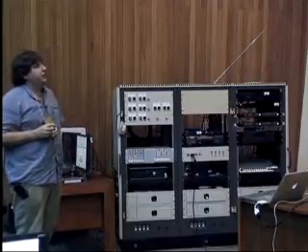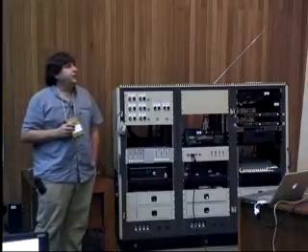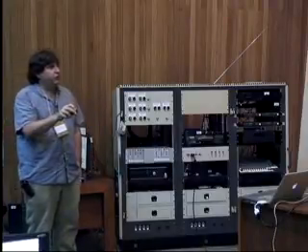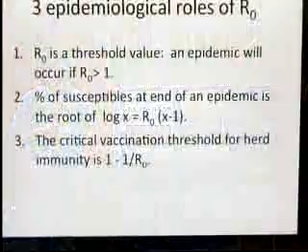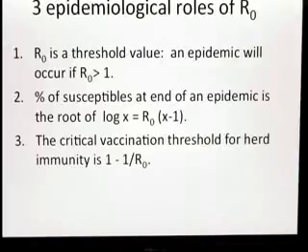The second application was that the percentage of susceptibles at the end of the epidemic is the root of this expression involving just R0. And then we just saw that the critical vaccination threshold for herd immunity is 1 minus 1 over R0. Okay, so R0 obviously is an extremely important quantity, but I tried to give you some indication last lecture that it doesn't explain everything.